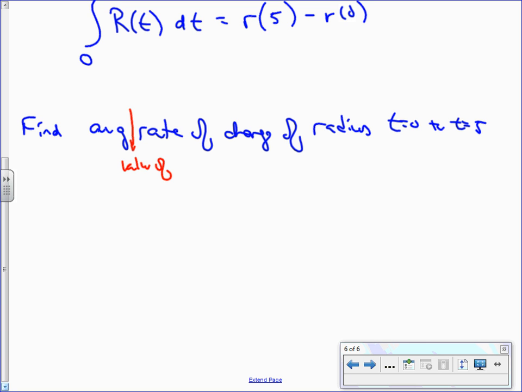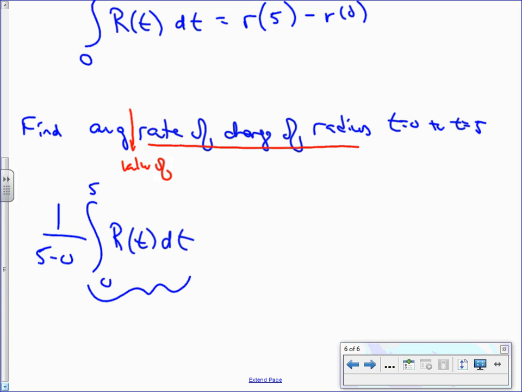So that means 1 over b minus a. So 1 over 5 minus 0, the interval from 0 to 5. And what you put here is whatever that says, the average rate of change. So we put the rate of change of the radius here. This part right here is going to give us how much the radius changed, and this is going to say divided by 5 seconds. Okay, that's going to say divided by 5 seconds.